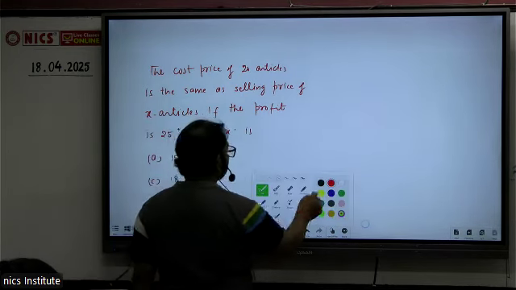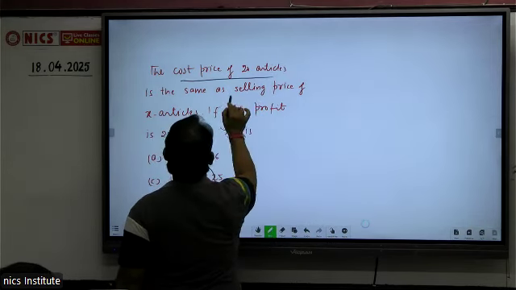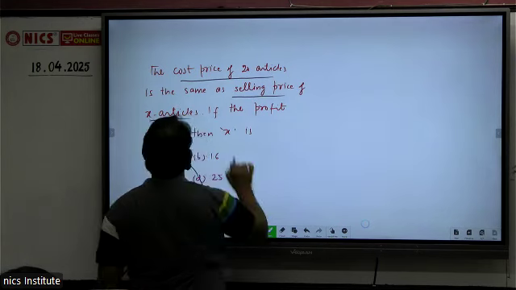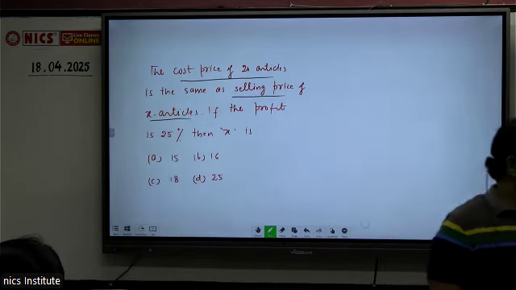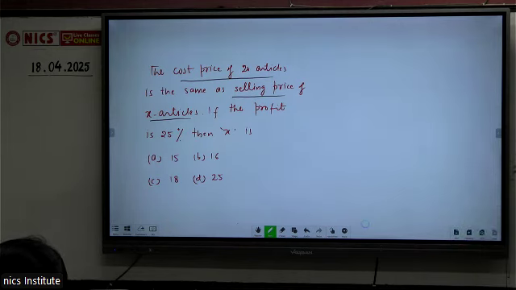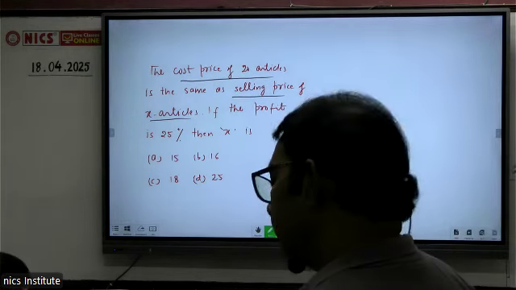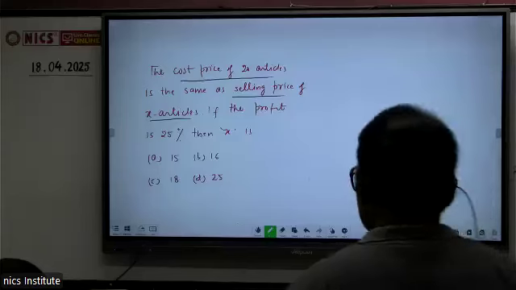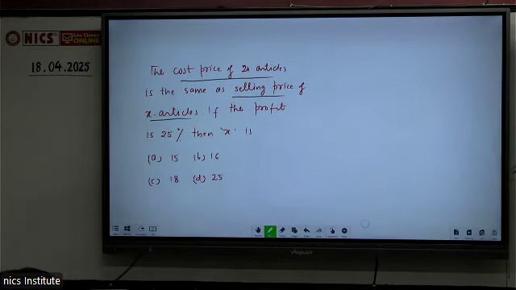Check your calculations. Cost price of 20 articles is same as selling price of X articles. ठीक है? तो प्रॉफिट लॉस वाला फॉर्मूला है तो तुम्हारे पास, use that. Profit percentage formula you have to use that only. Profit percentage.